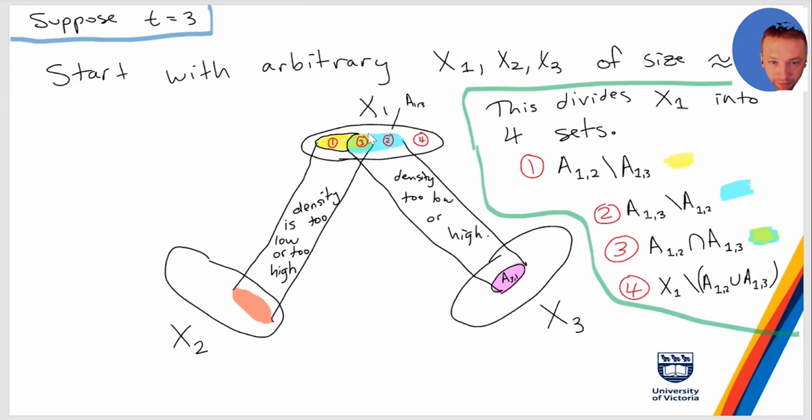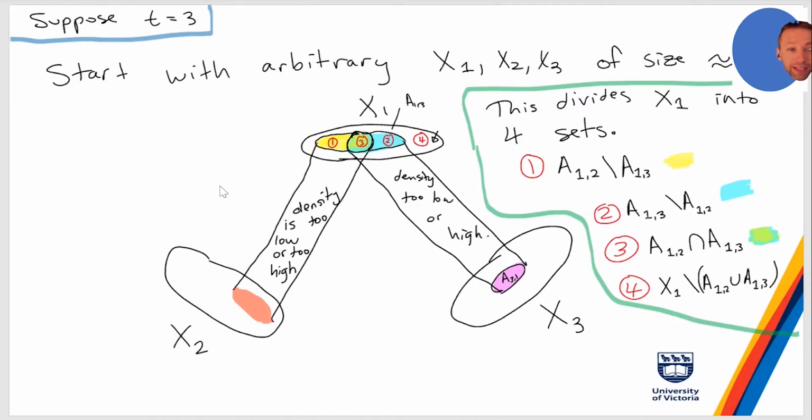You've got the fully blue set, which is A1,3 minus A1,2. You've got their intersection, A1,2 intersect A1,3, and then the complement of both of them, all the stuff in neither, the white region, which is X1 minus the union of A1,2 and A1,3. So if the set X1 is involved in 2 non-regular pairs, it gives us a way of splitting up X1 into 4 sets.